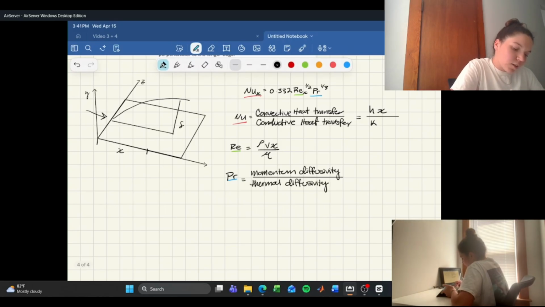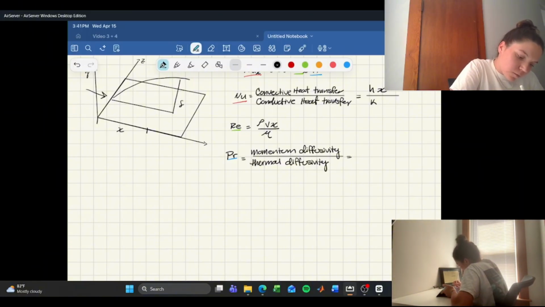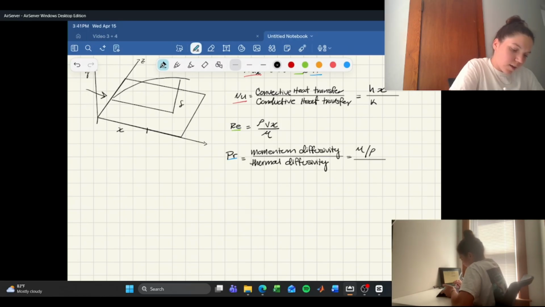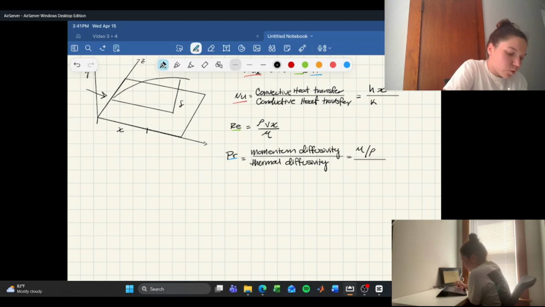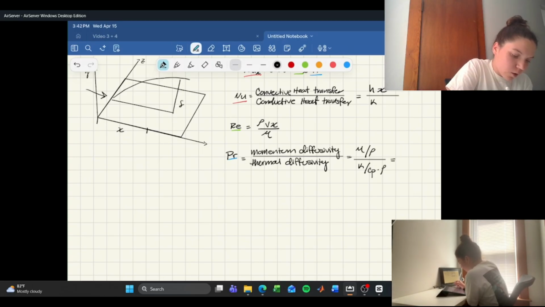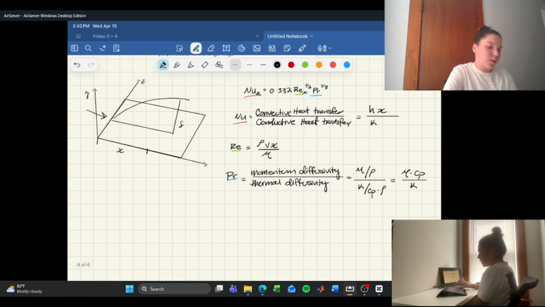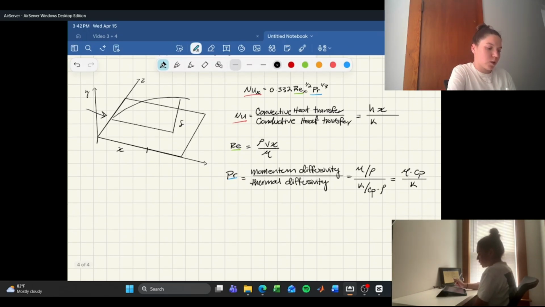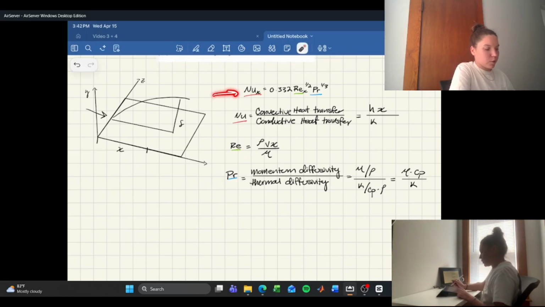That's viscosity over density, over the thermal conductivity over heat capacity times density. So when we simplify this, it's going to be viscosity times heat capacity over thermal conductivity.